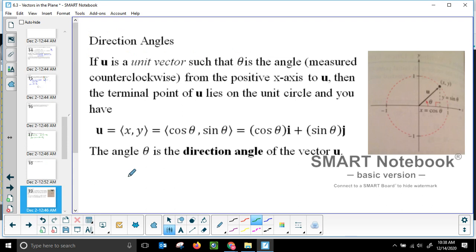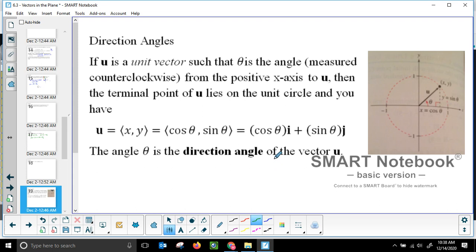Okay, so now we can talk about direction angles. All right, so if a vector u is a unit vector such that theta is the angle measured counterclockwise, how we normally measure angles, from the positive x-axis to u, then the terminal point of u lies on the unit circle.